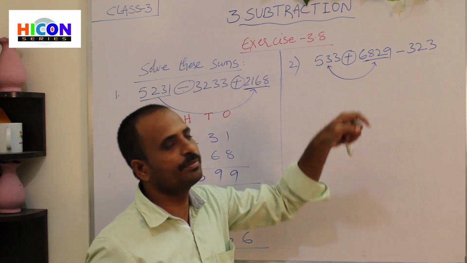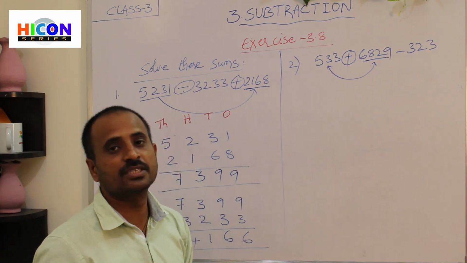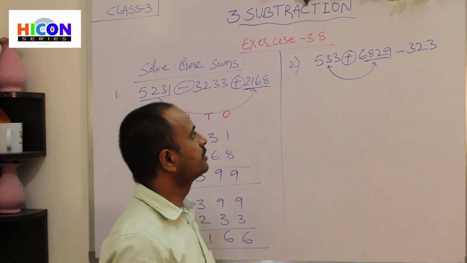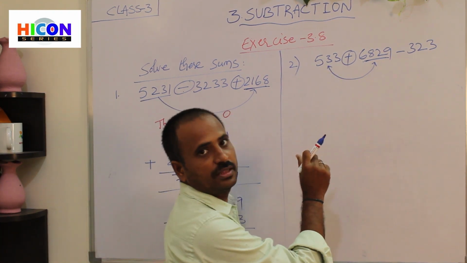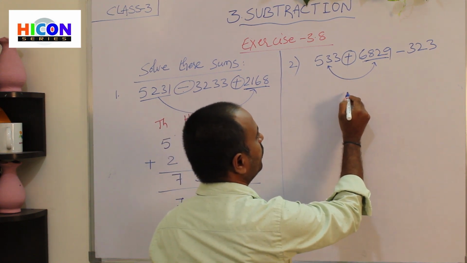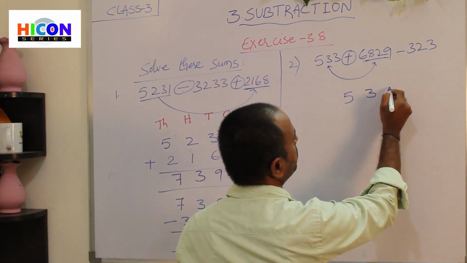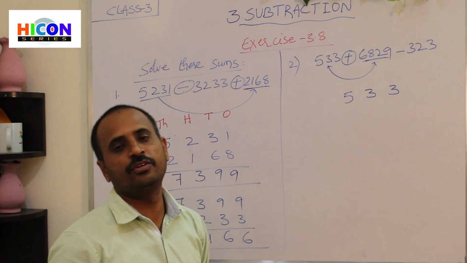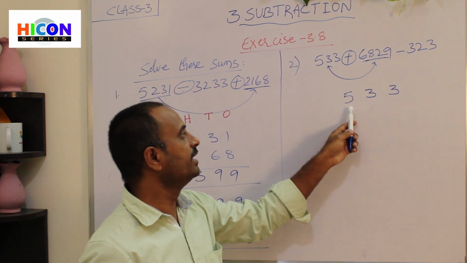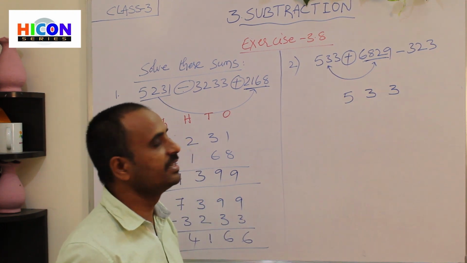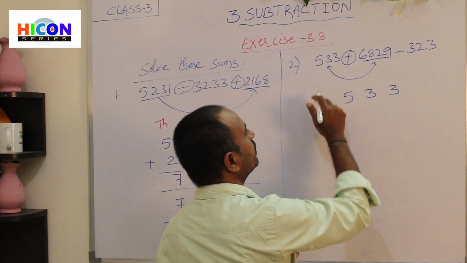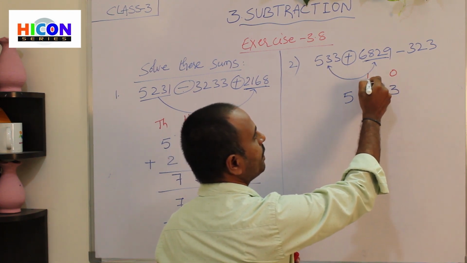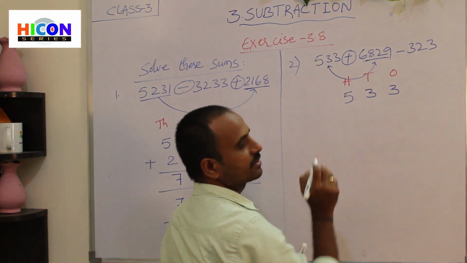So first add these 2 numbers. What are the numbers? 533. Write these 2 numbers one below the other. The first number is 533. What is the second number? 6,829. Here 5 is in hundreds place and 6 is in thousands place. In 533, 5 is in hundreds place, after ones place and tens place.